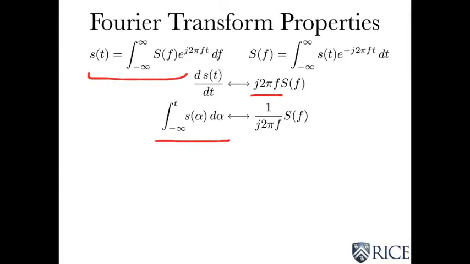I have a little question for you. What is the spectrum of the second derivative of a signal? So, d squared s over dt squared, well, that's just the derivative of the derivative, right?